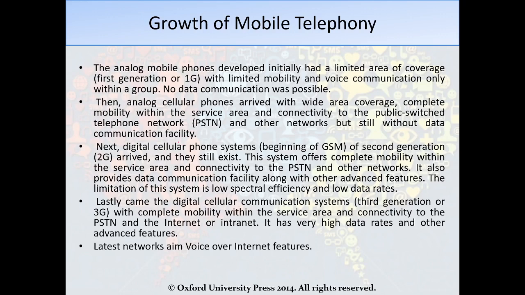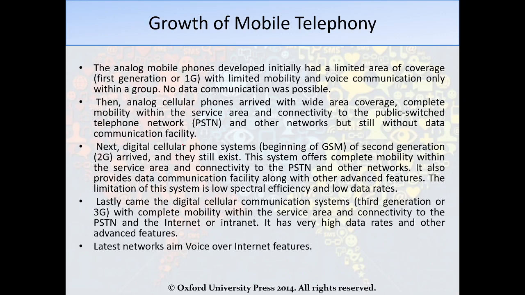There was no data communication possible, but you had the telephone network. Gradually, these analog cellular phones expanded their coverage over a wide area, provided mobility within the service area, and gave connectivity to the public switched telephone network. But the data communication facility was not there.